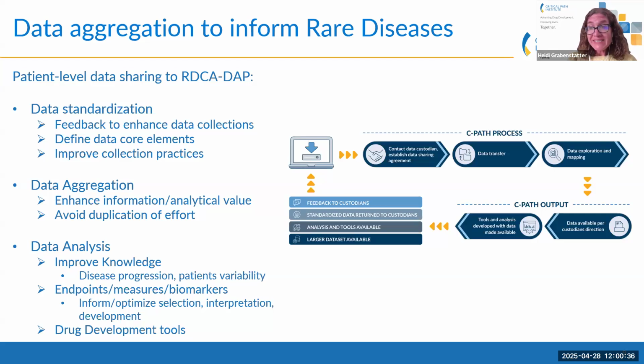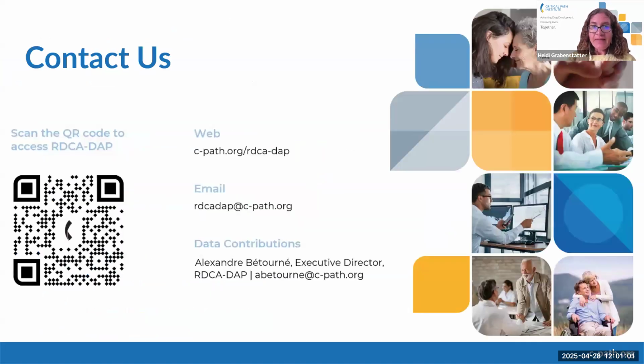We try to avoid duplication of research efforts, improve knowledge for disease progression, patient variability, enrich clinical trial methods, stratification. There's a possibility of endpoint measures and biomarkers being identified utilizing this type of data. And then, of course, development of drug development tools. That's it for me. I can stop sharing.